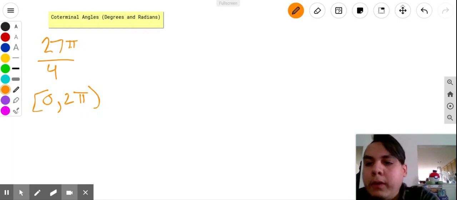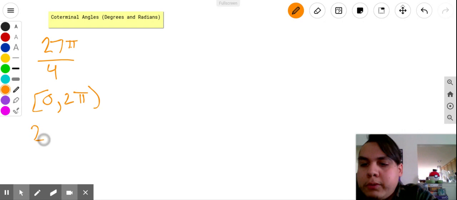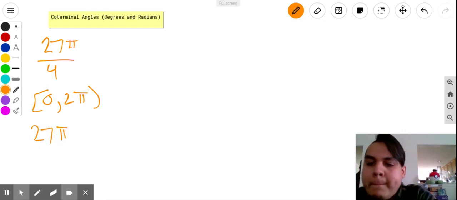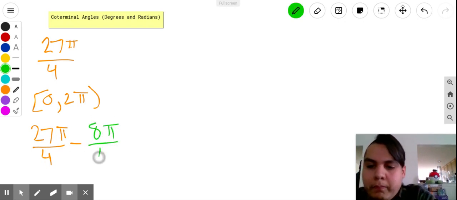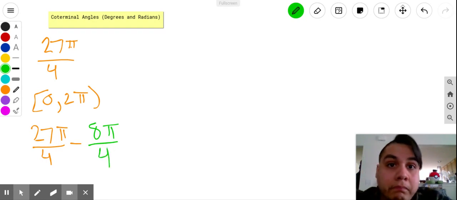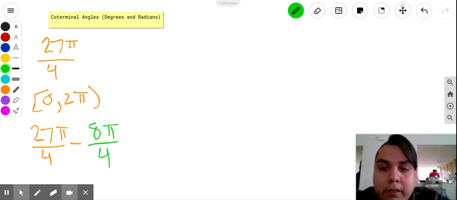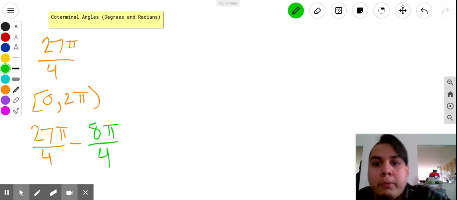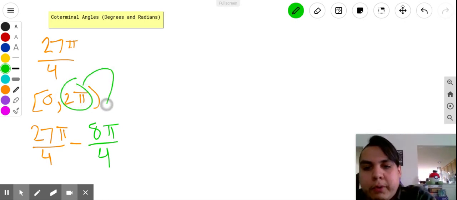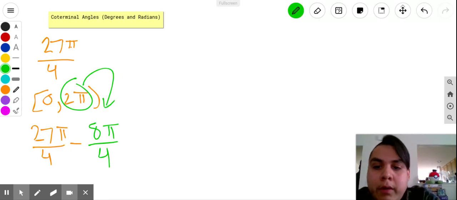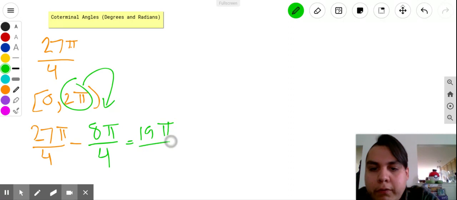So if I take the 27 pi over 4 and I subtract 8 pi over 4, eight divided by 4 is 2, so in a way I took this 2 pi, this whole revolution, and rewrote it in terms of 4. I would get 19 pi over 4.